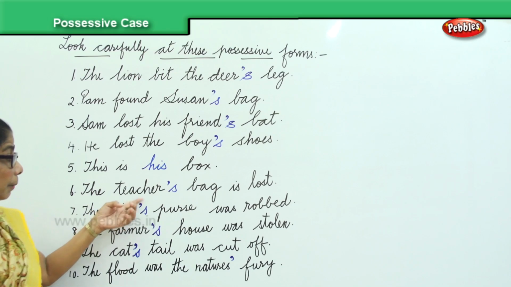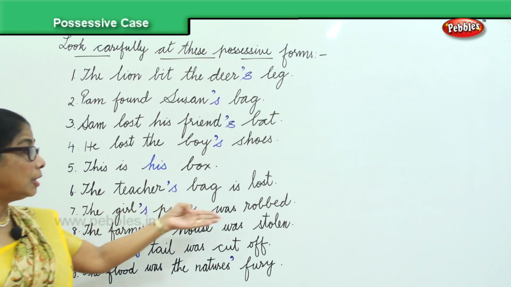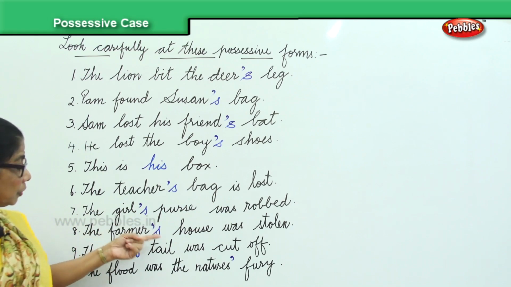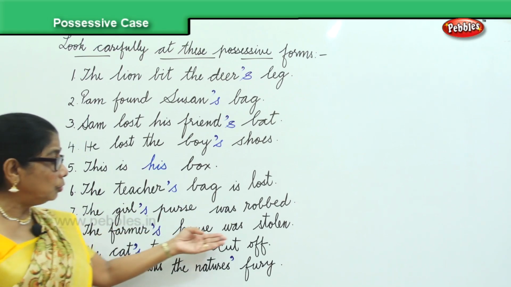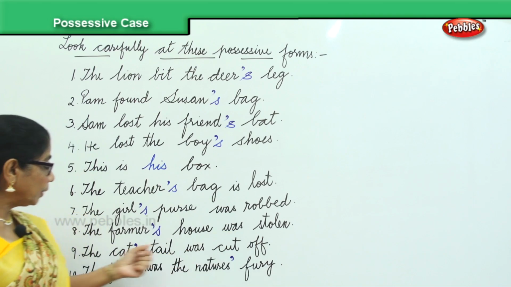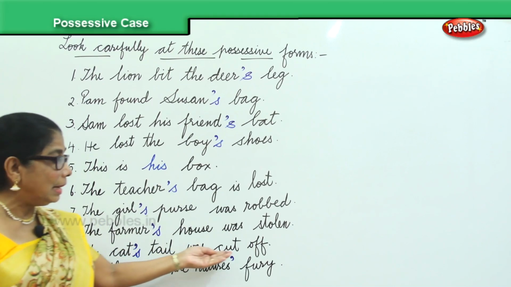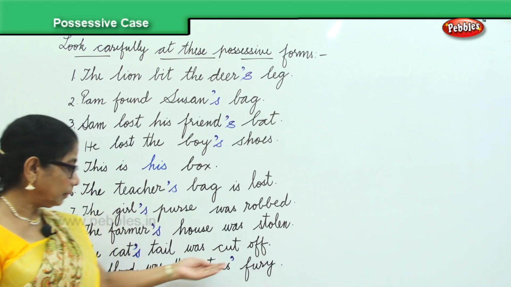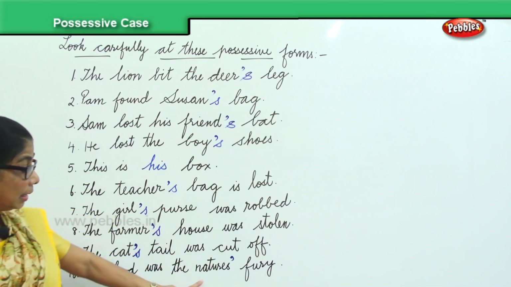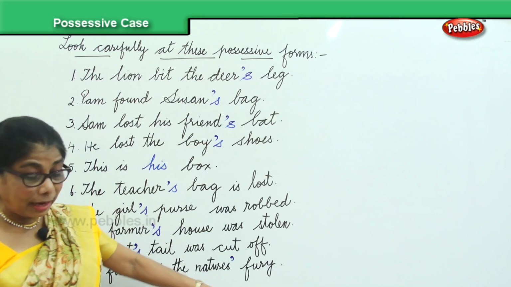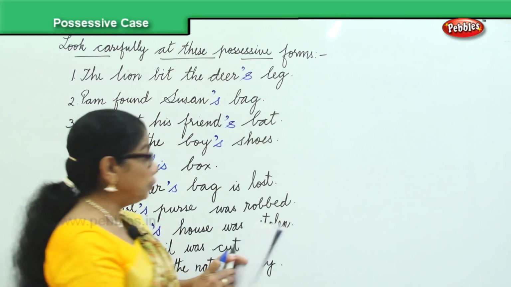The girl's, apostrophe S, the girl's purse was robbed. The farmer, apostrophe S, the farmer's house was stolen. The cat, apostrophe S, the cat's tail was cut off. The flood was the nature's fury. Okay?